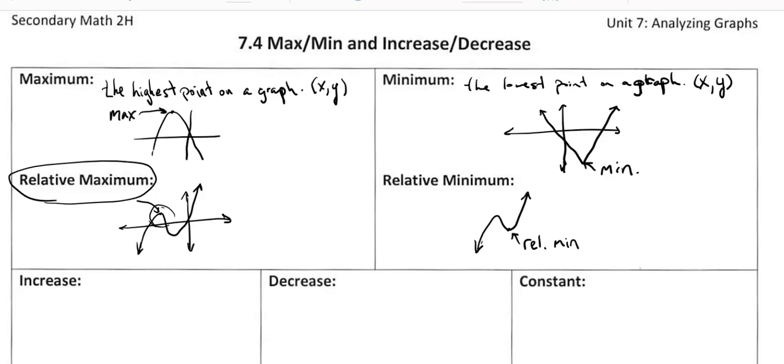We say that a graph is increasing when, going from left to right, it goes up. Let's see a quick example of that.